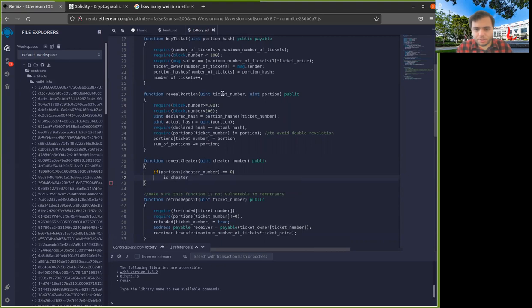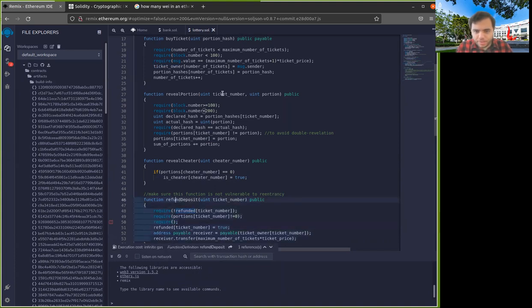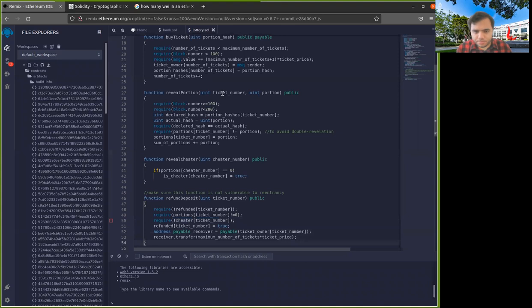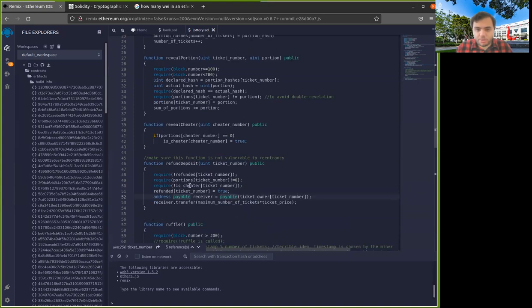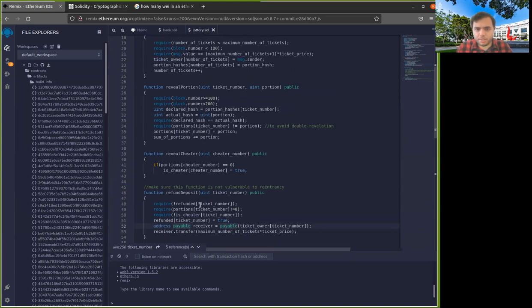So isCheater, cheater number. Okay. And here I would, of course, also require that the person who is getting this refund is not a cheater. So require not isCheater. Sorry, it was called isCheater. Okay, so now only people who didn't cheat can get their refunds.